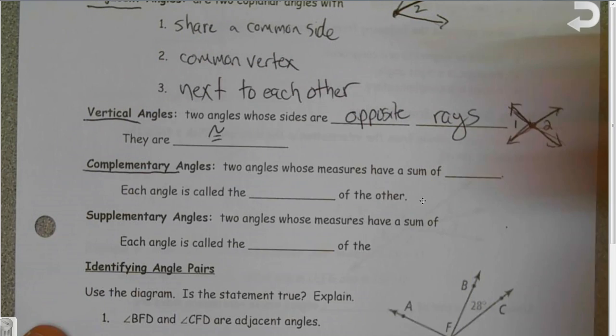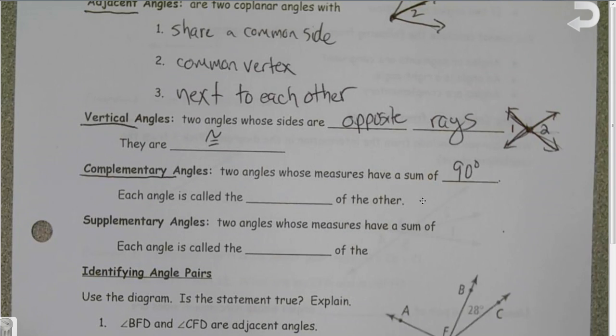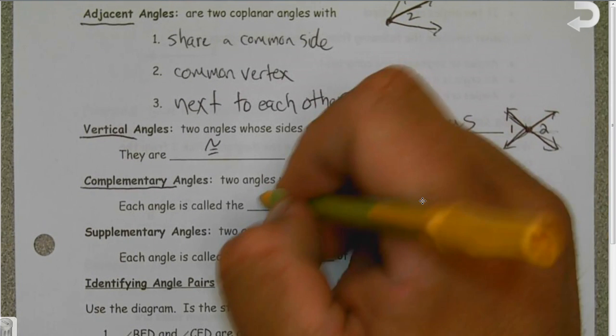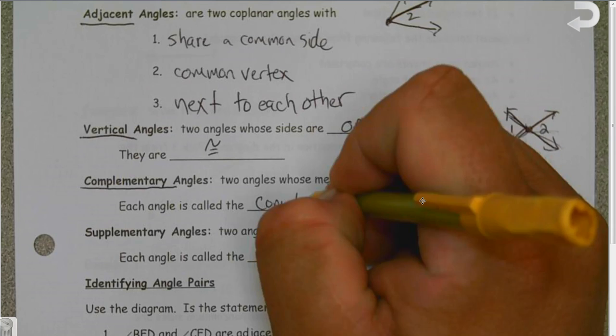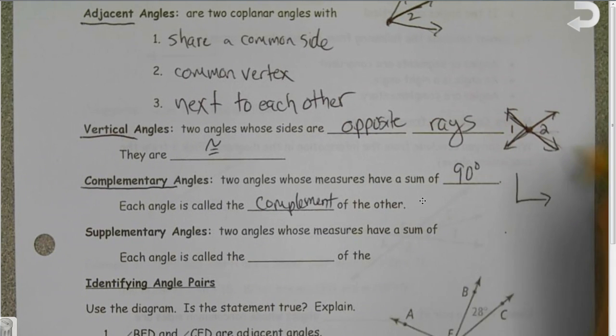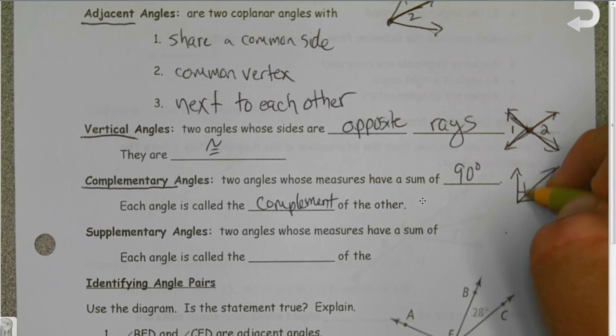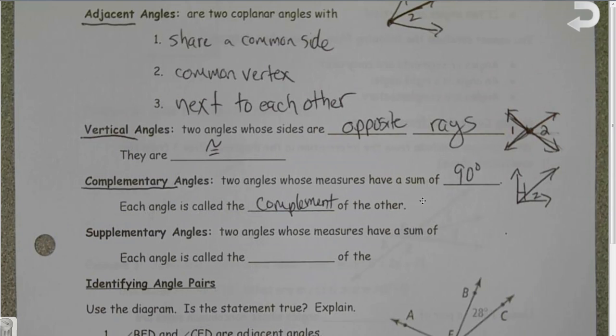Complementary angles. 2 angles whose measure have a sum of 90 degrees. They are the complement of each other. So again, this is pretty straightforward. If I draw a right angle and I break it up into 2 parts, angle 1 and angle 2 are complementary.